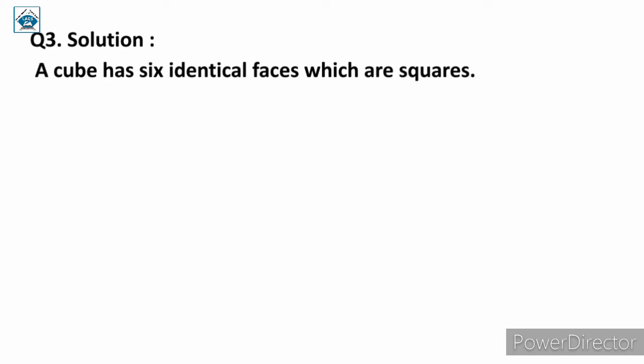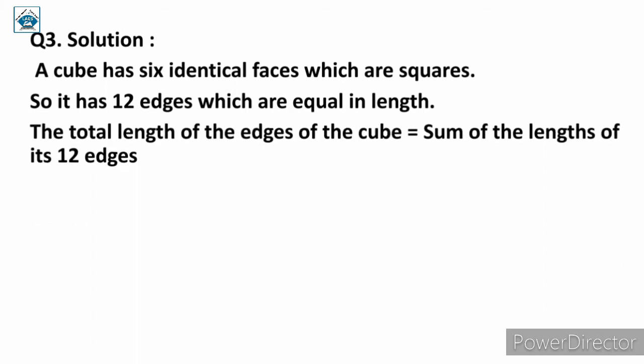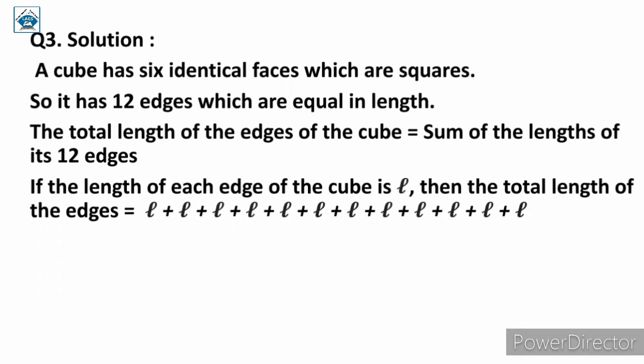As we know, a cube has 6 identical faces which are squares. So it has 12 edges which are equal in length, just like we counted. The total length of the edges of the cube is equal to the sum of the length of its 12 edges. So, if the length of each edge of the cube is L, then the total length of the edges will be equal to L plus L plus L, ऐसे कितनी बार? 12 times.